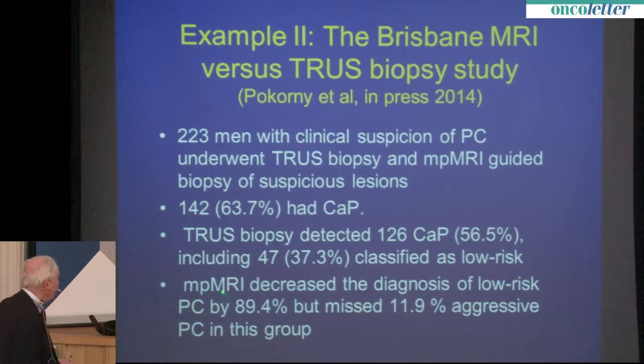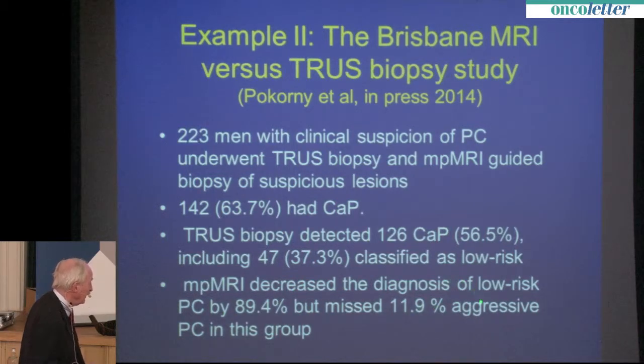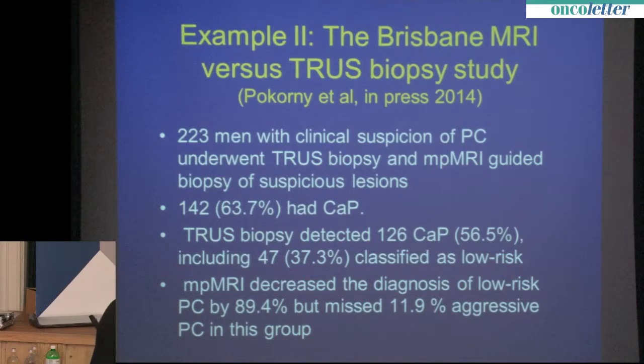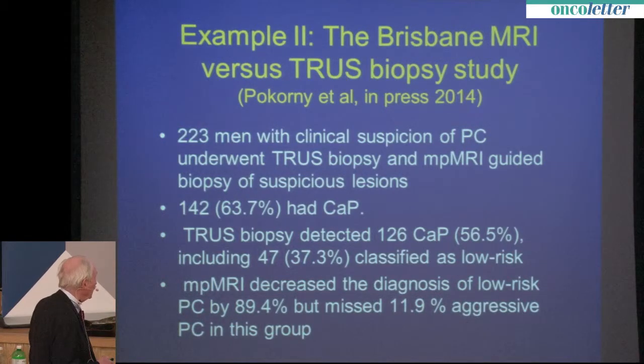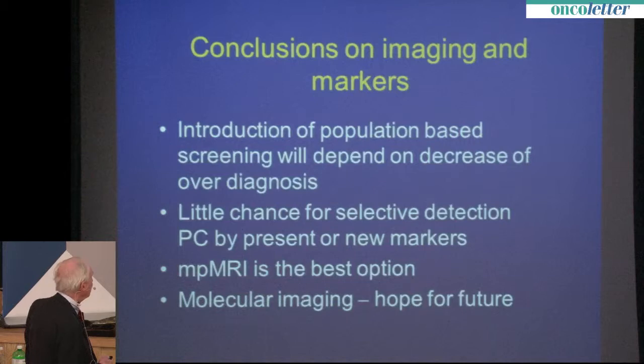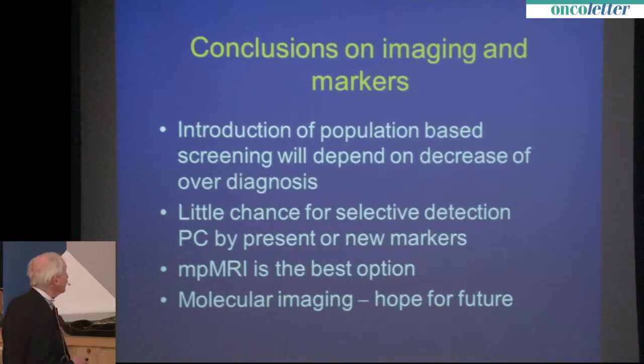The MRI-guided biopsy decreased the diagnosis of low-risk cancers by 89.4%, but missed again, and this is again the problem, 11.9% of aggressive prostate cancer. So we'll have to wait how this all turns out, and I think the best way to give an answer will be to have indeed comparative studies.